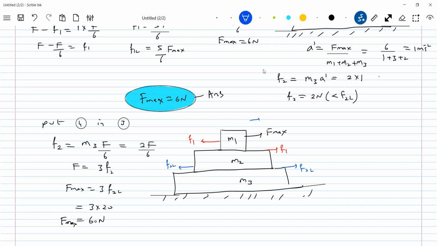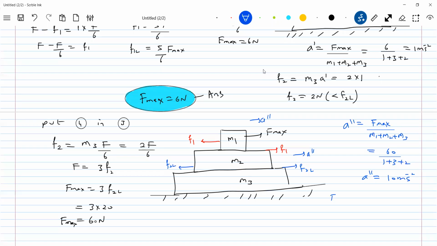The acceleration, let me call A double dash. What is A double dash? It should be equal to F max by M1 plus M2 plus M3. This will be 60 by 1 plus 3 plus 2. I'm getting 10 meter per second square. Let's calculate the friction F1.